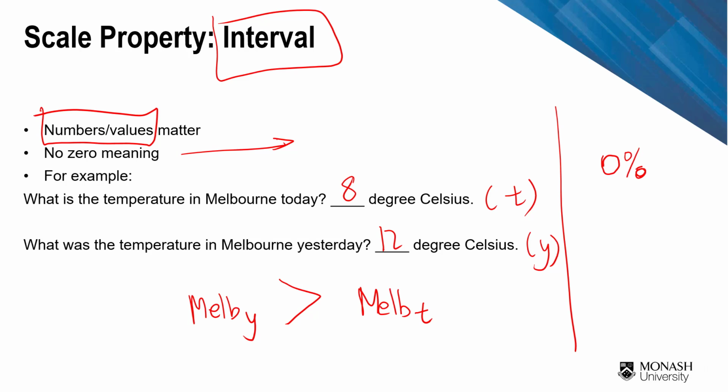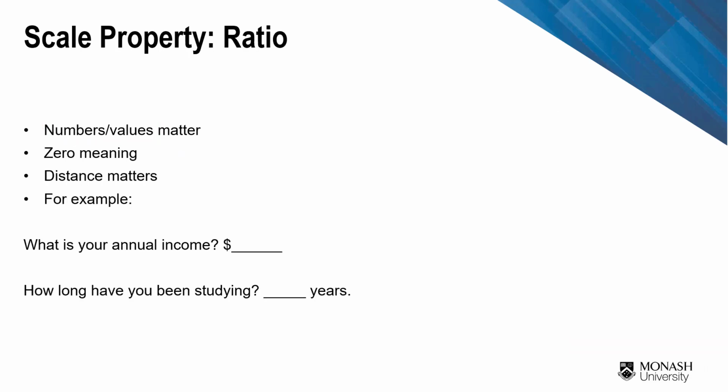Absolutely not, because 0 is the freezing point in Celsius, if you remember your physics correctly. Because of that, we cannot say that there is no temperature. That's the difference between interval and the next one, which is ratio.